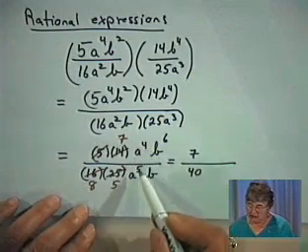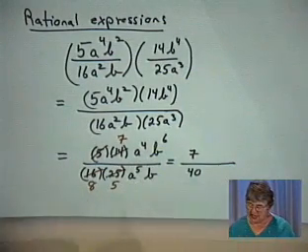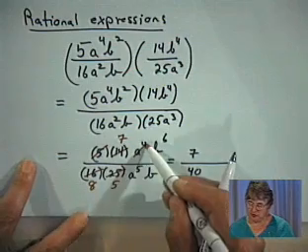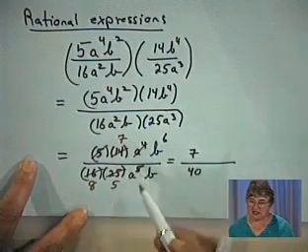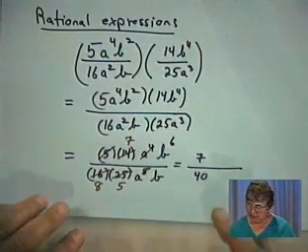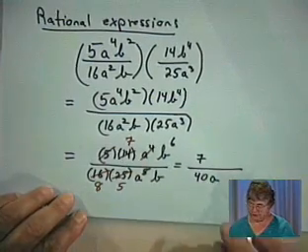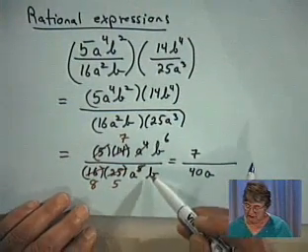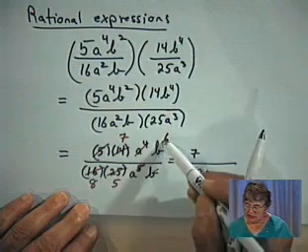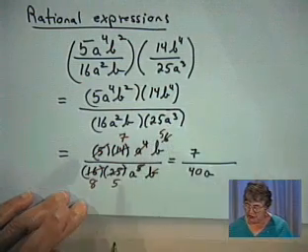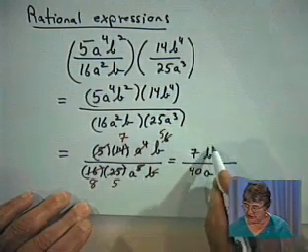Then we've got an a to the fourth over a to the fifth, so let's cancel 4 of the a factors in the numerator and 4 of the a factors in the denominator, leaving a plain a in the denominator. Let's cancel a b factor from the denominator and 1 of the b factors from the numerator, and that will leave a b to the fifth in the numerator.